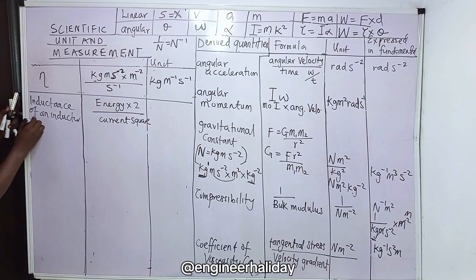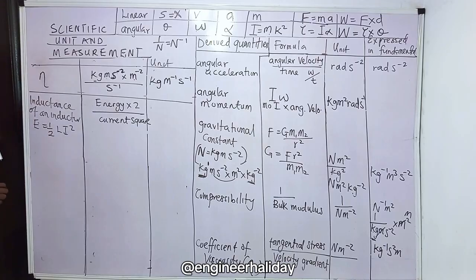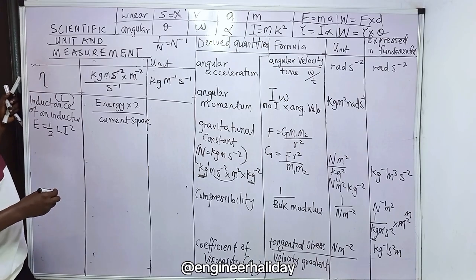What does that mean? Don't forget, energy is equal to half Li square. So if you make L the subject of the formula, the symbol for this is L. Multiply the energy by 2 and divide by current square. So that is the formula.